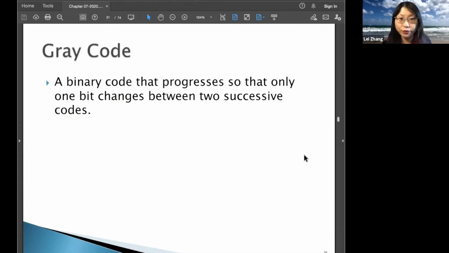If you build a counter and count the value up, from 0, 0, 0, 0, for example, 4 bits, up to 1, 1, 1, 1, when the counter reaches 1, 1, 1, 1, every bit will flip back to 0, 0, 0, 0. That is for a general counter.